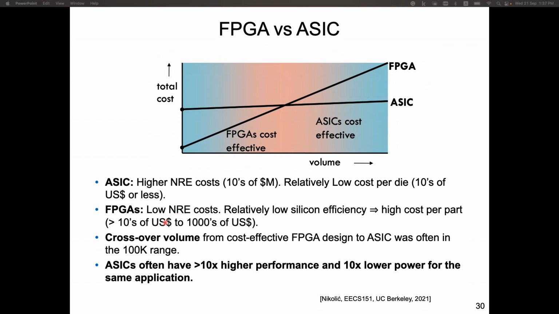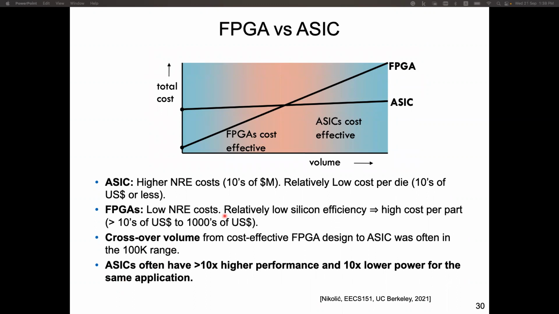And often this crossover volume is in the 100,000 chips range. So you see, if you have a digital circuit, say in just a few thousands, then FPGA is obviously the best approach. But if you have a large volume, say components used in some consumer products like your smartphone, they are in millions, then ASIC is the better approach.